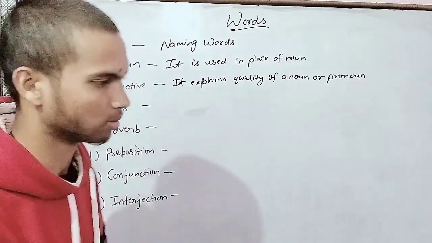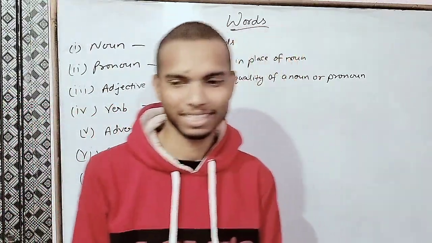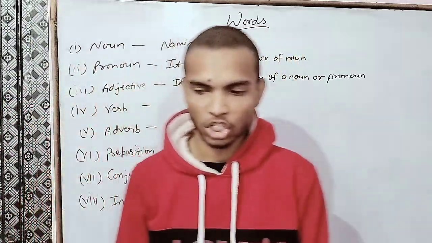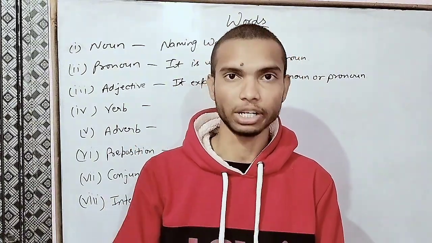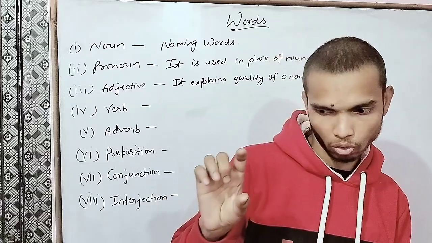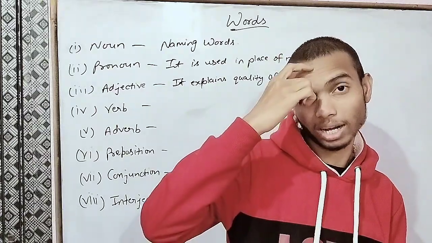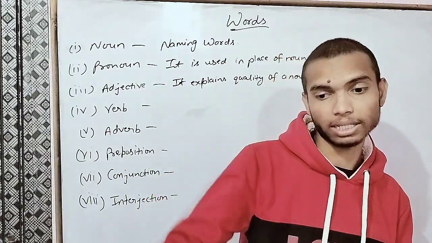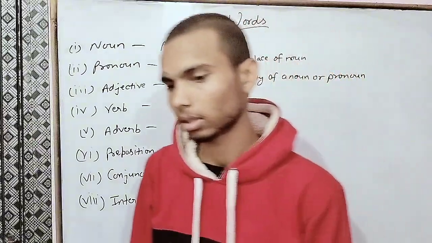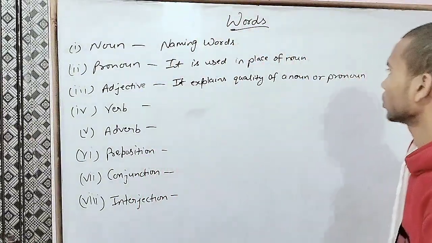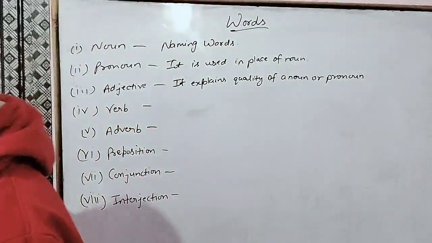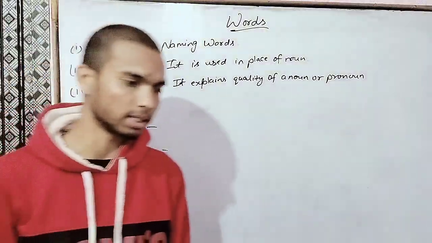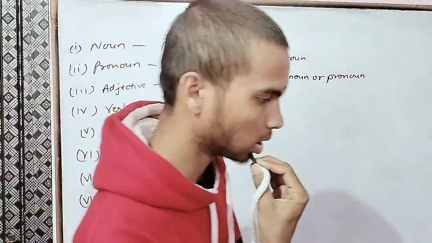He has red ink. So red is what? Quality. Red is the name of a color. So sometimes before a noun or pronoun, we will realize that the adjective is coming before the noun.